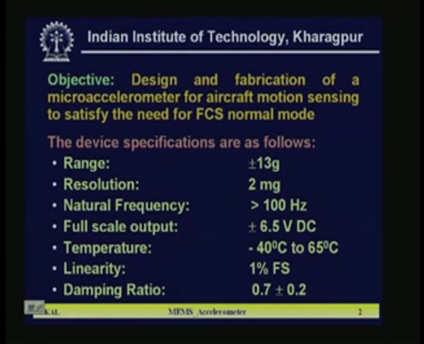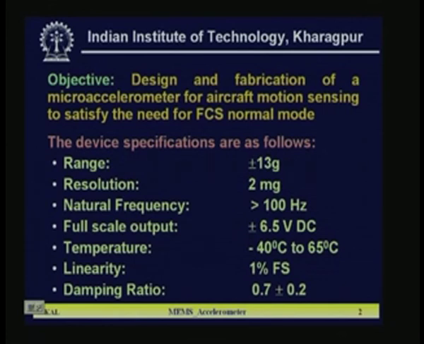How one can achieve those points, I will discuss today. The accelerometer which we are going to develop is based on the piezoresistor sensing mechanism, and it is used in aircraft.